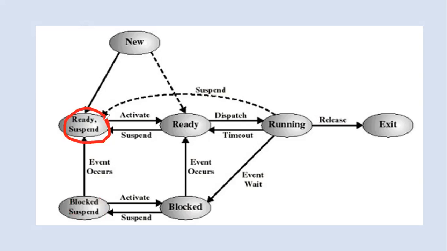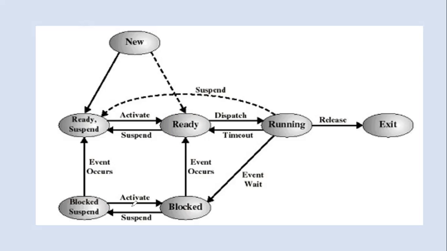It has all that it wants, but it cannot be swapped into the main memory because the space in the main memory is not adequate. But once the space in main memory is adequate, the process which was in the ready suspended state, that means it was ready but outside the main memory, will be brought in, that is, it will be activated, and then it will join the ready state, and the process will continue that way.